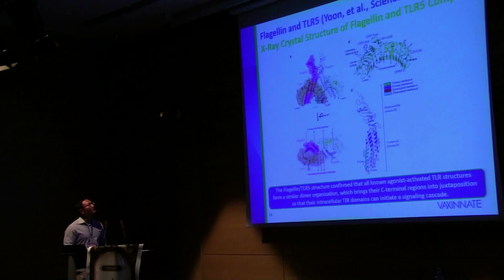So recently, Yoon et al. published the flagellin TLR5 structure in Science. This structure confirmed that all known agonist-activated TLR structures form a similar dimer organization, which brings the C-terminal regions into juxtaposition so that the intracellular TIR domain can initiate the signal cascade.